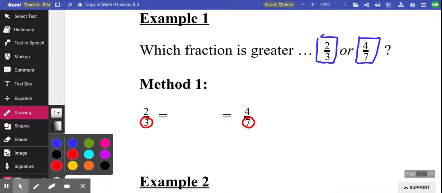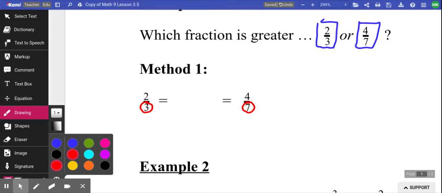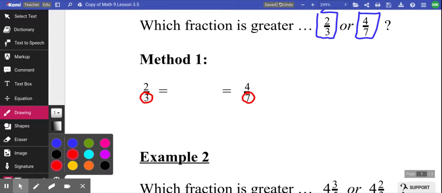To get a common denominator, you want to think of what 3 could multiply to become. It's like skip counting, right? So 3, 6, 9, 12, 15, 18, 21, 24, and so on and so forth. I could just keep going up by 3s. Those are all the multiples of 3.